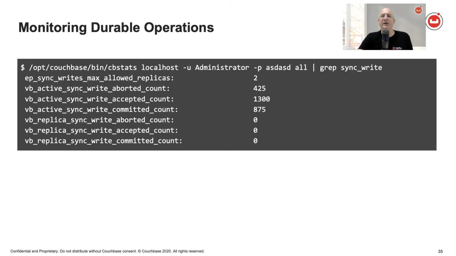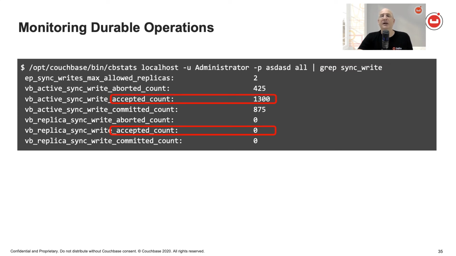If you'd like to monitor durable operations, you can use the cbstats utility that comes with Couchbase. You can use the cbstats all command and search for all the statistics that contain the word sync_write. These are counters that Couchbase offers for monitoring durable operations activity. Notice there are 3 counters: accepted count, aborted count, and committed count.